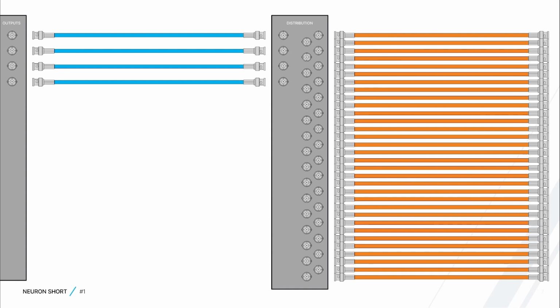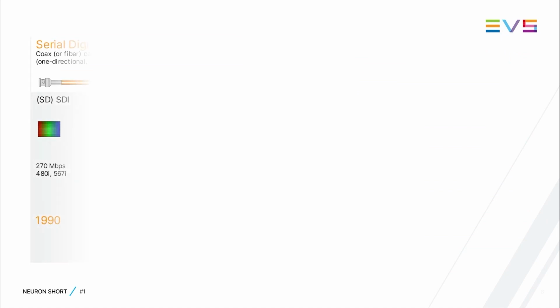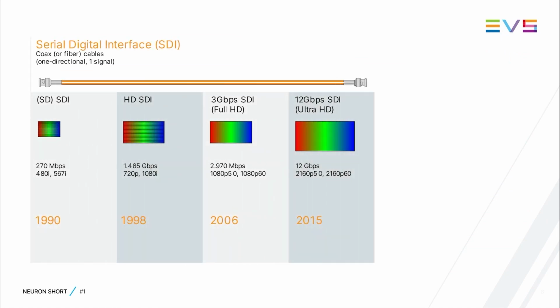cables. The evolution from SD to HD and later UHD resolution also contributed to an ever-increasing amount of copper wires inside a broadcast facility. A single UHD signal often requires 4 wires to be carried from one device to another. So the number of cables grew exponentially when studios and OBs grew bigger and bigger and required higher resolutions and frame rates.